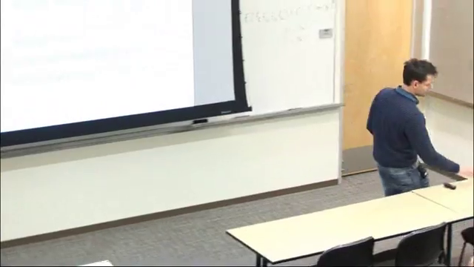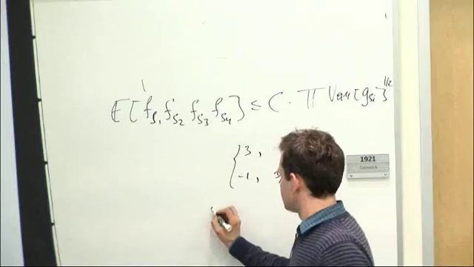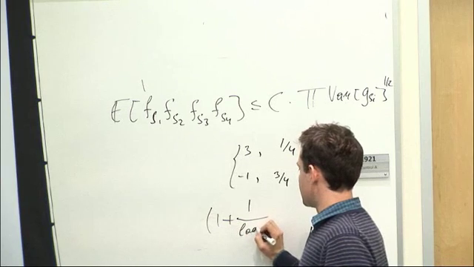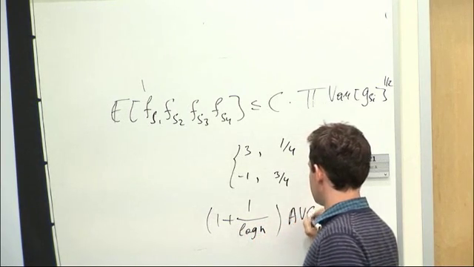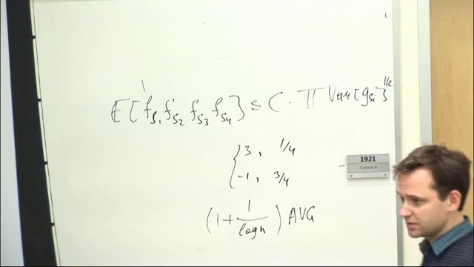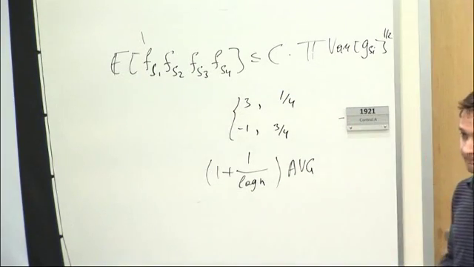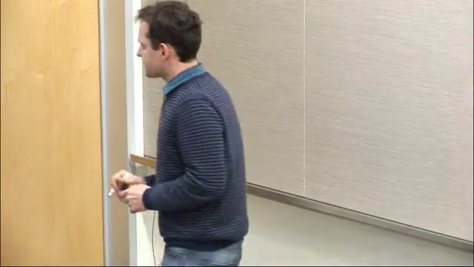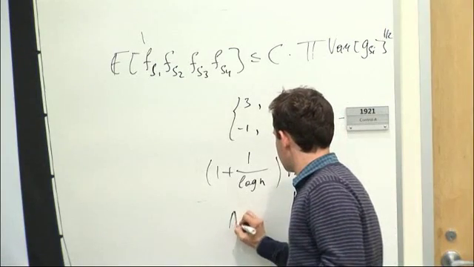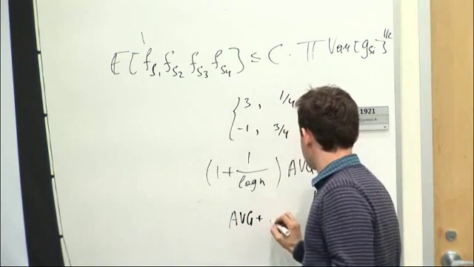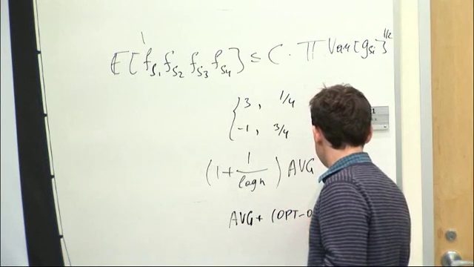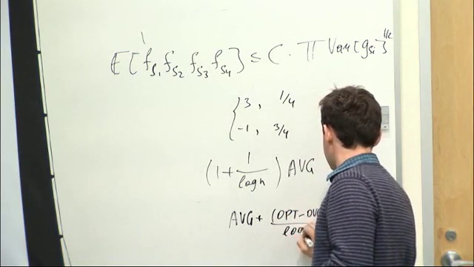For instance, maybe it's possible to get a result of the form that we can get 1 plus 1 over log n times average, or maybe something along that line. Is something like this known for max acyclic subgraph? For the maximum acyclic subgraph, we can get average plus (opt minus average) divided by log n.